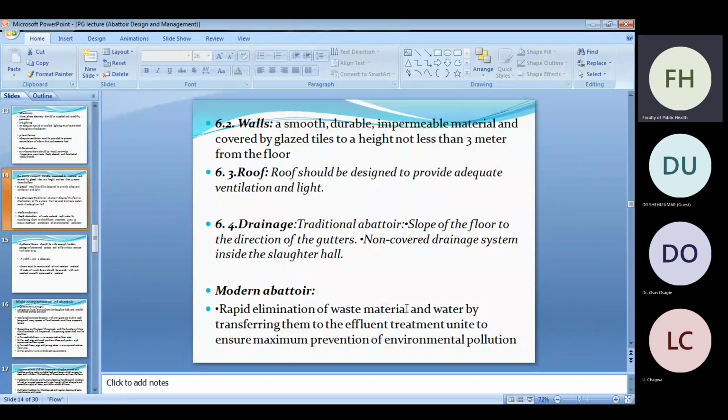As slaughter activities are being carried out, they are moving the waste rapidly, transferring it to effluent management, where they manage the wastewater. Along the line, we are going to go through effluent management, how you manage wastewater, and also recycle wastewater for other uses. Good.